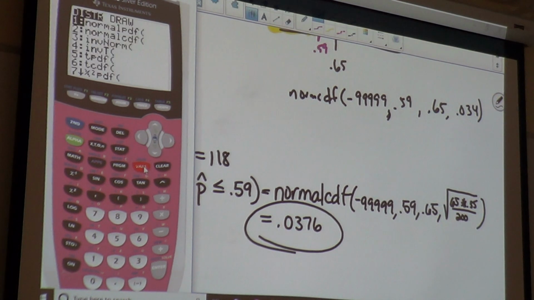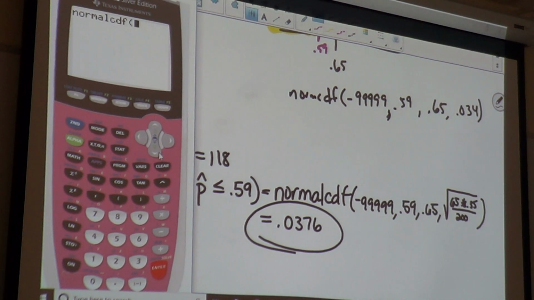Second Vars. Normal CDF. Negative 999, comma, 0.59, comma, 0.65. Oh.